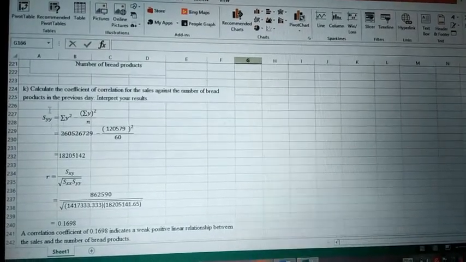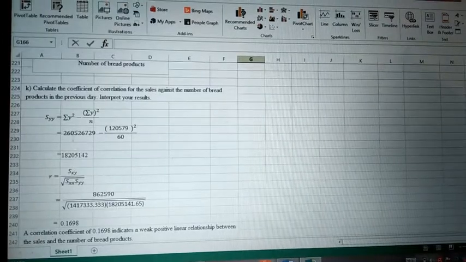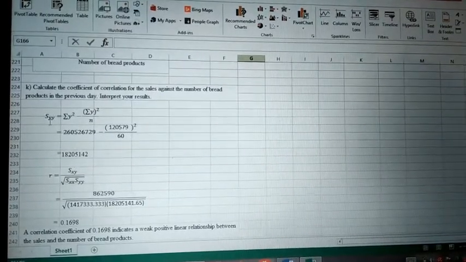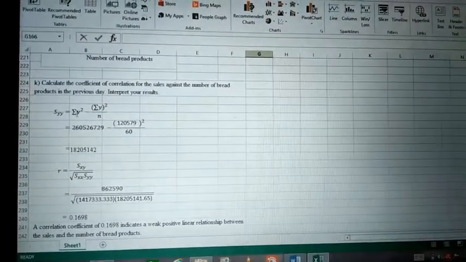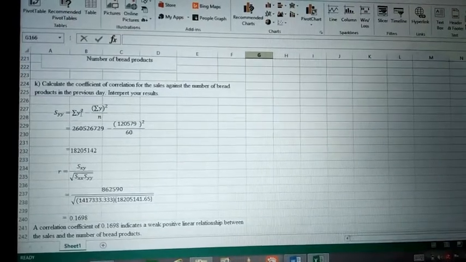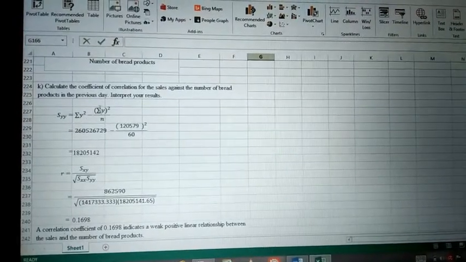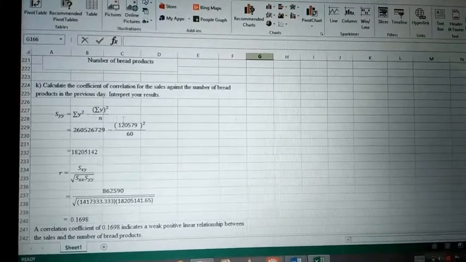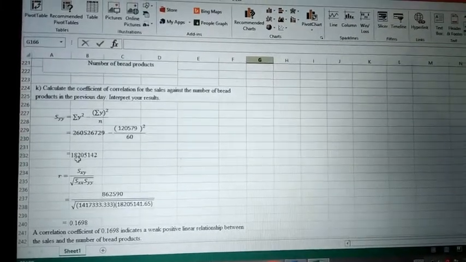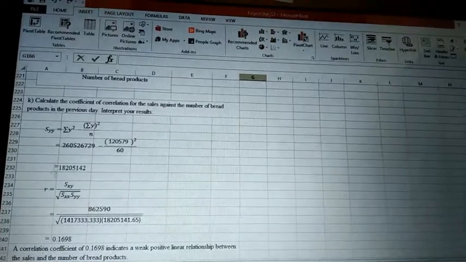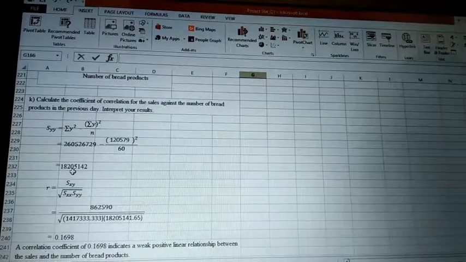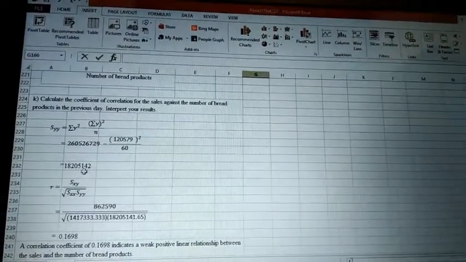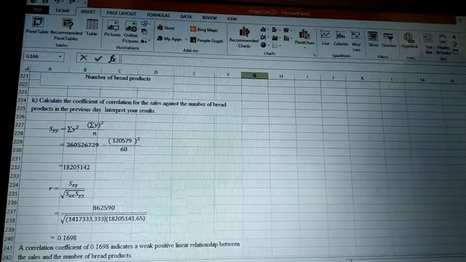To calculate the coefficient, we need to find the Syy, which is summation of y squared minus summation of y, squared, divided by n. Then we calculate, and we get 18,205,142.